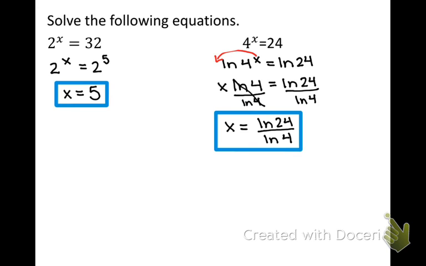Now, this answer, though, is what we would consider our exact answer. Sometimes they might ask you for an approximate answer or an answer rounded to a certain number of decimal places.